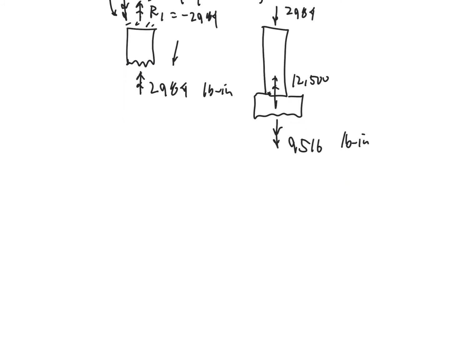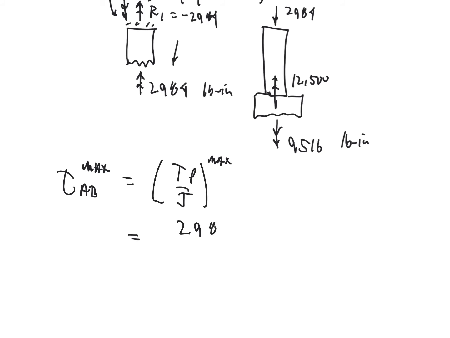So for the segment AB, tau AB max, we're going to use the value of T rho over J for that segment that gives us the biggest one. And remember, that's going to be where rho is at a max. So the numbers that we're going to put in are 2984, and it doesn't matter what your sign is.